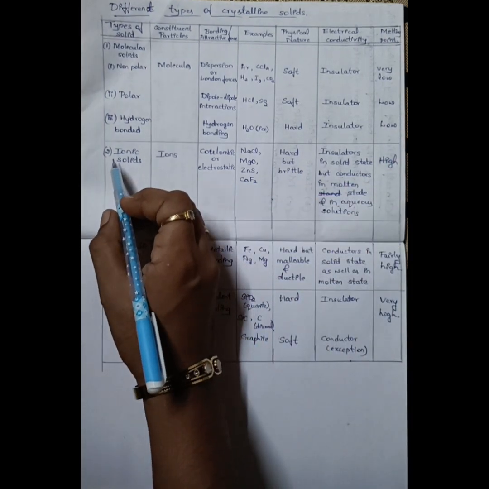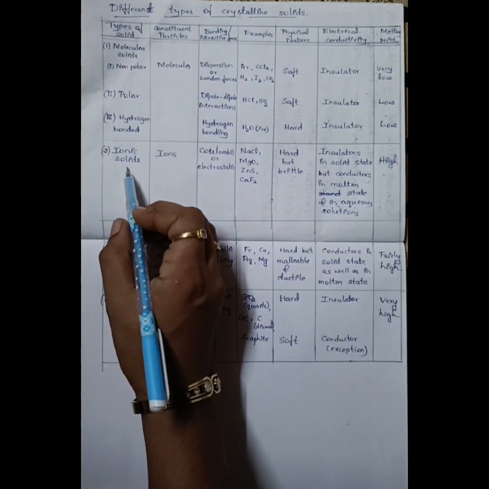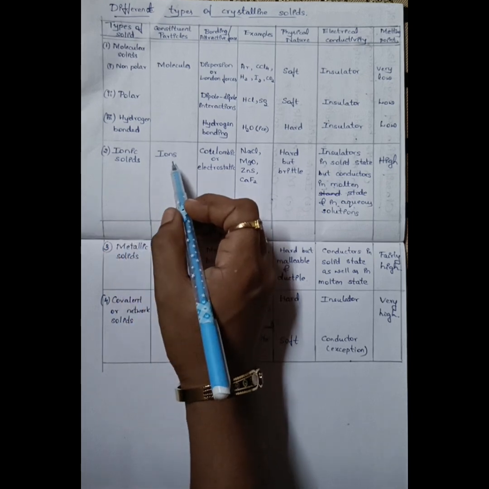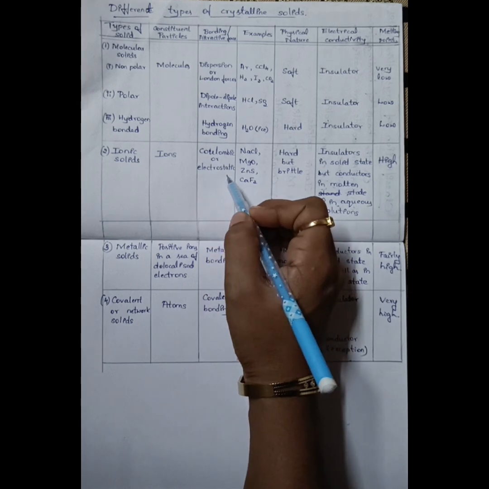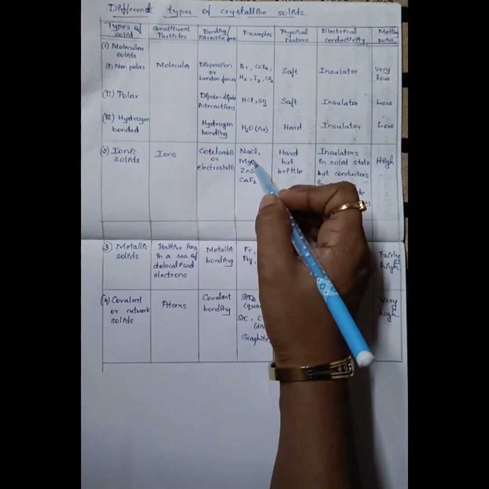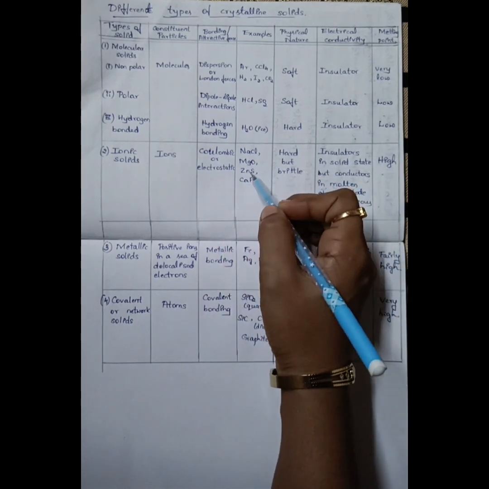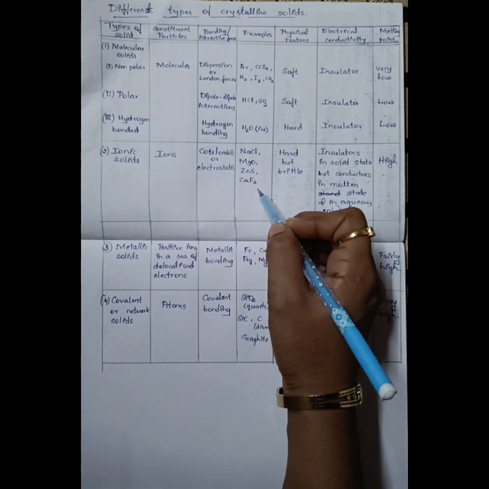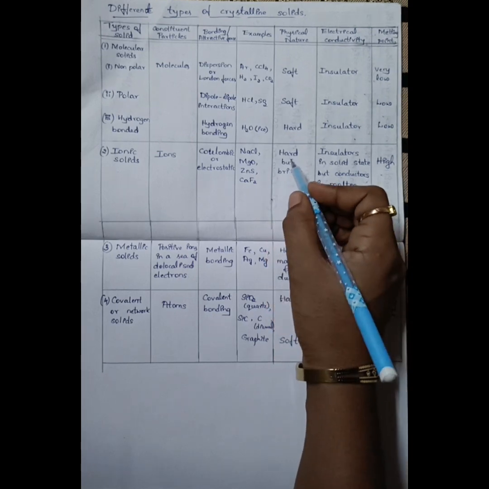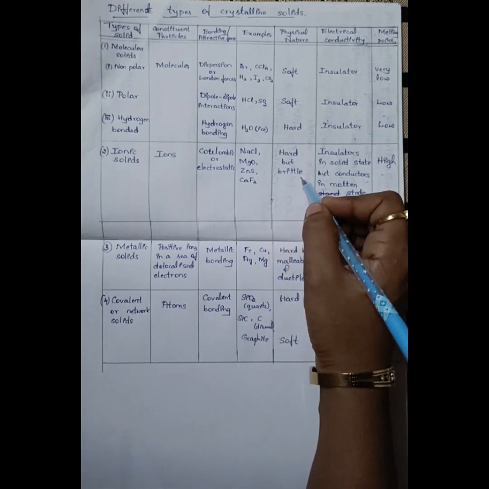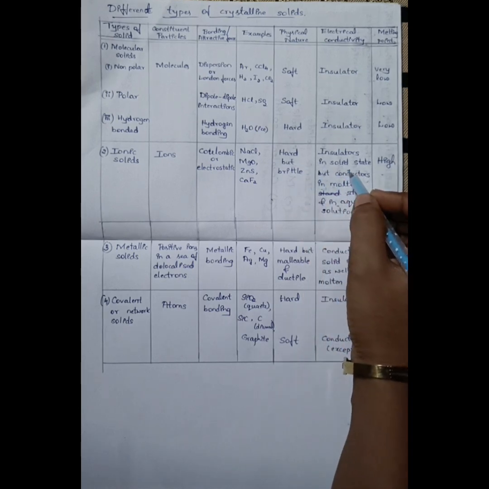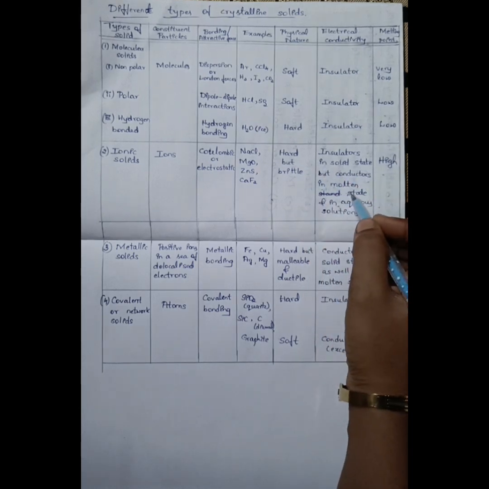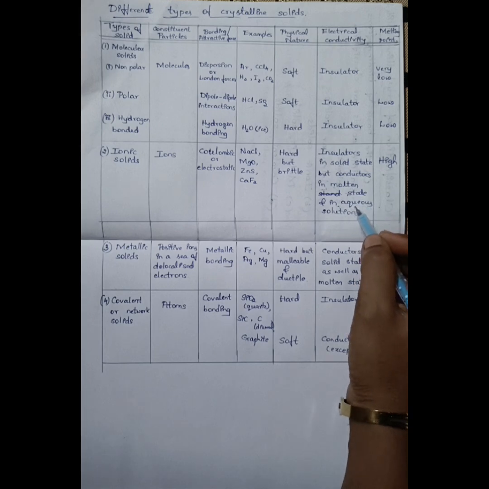The next type of crystalline solids is ionic solids. Ions are the constituent particles here, and the attractive force is Coulombic or electrostatic force. Examples are sodium chloride, magnesium oxide, zinc sulfide, and calcium fluoride. These are hard but brittle, and they act as insulators in solid state, but conductors in molten state and in aqueous solution.